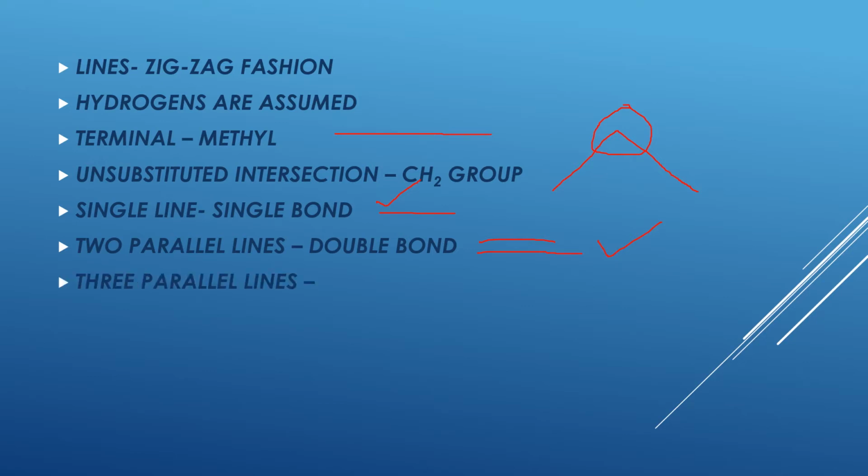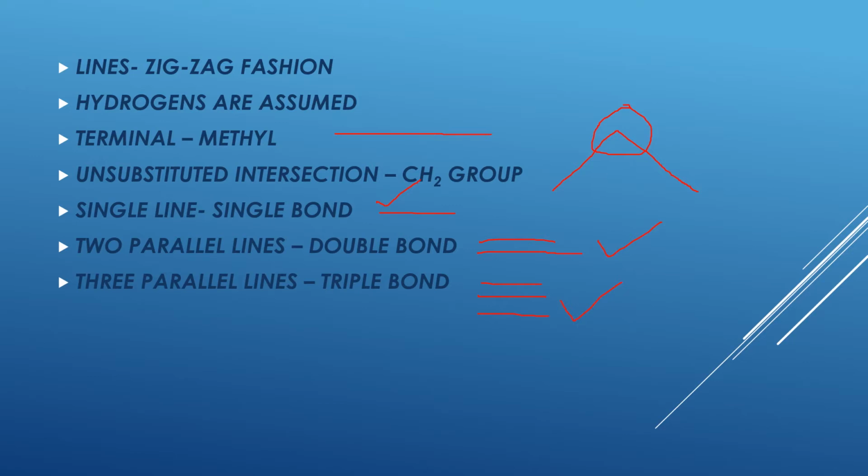If you have three parallel lines, we have to understand that as a triple bond. Now if I take a triple bond like this, this is understood as CH triple bond CH. Hydrogens are assumed here. So this is ethyne, or the common name acetylene. So acetylene, ethene, ethane, like that.